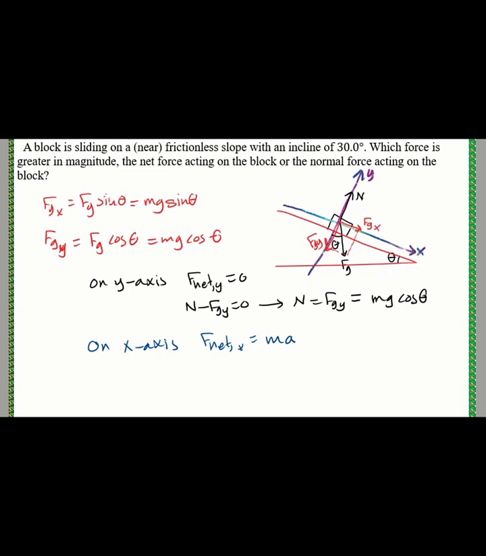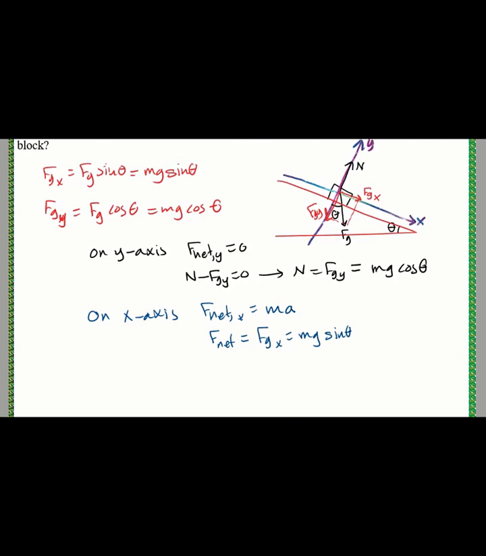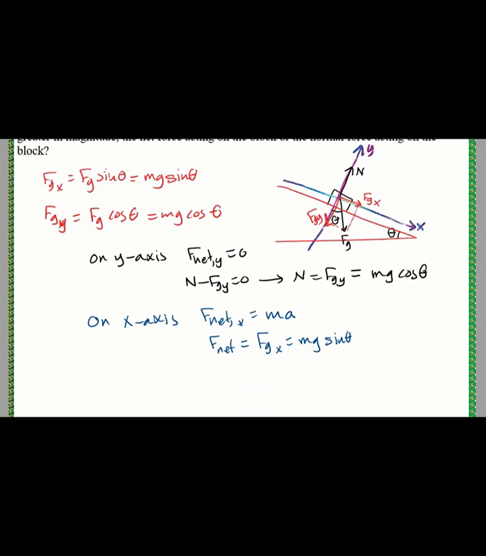If you look at the forces in the free body diagram, you will find that Fnet is nothing but Fgx, which is mg sine theta. Now to compare the normal force with Fnet, we want to divide one of them by the other and find the ratio, the net force acting on the block or the normal force.